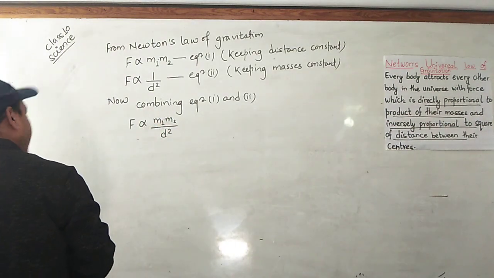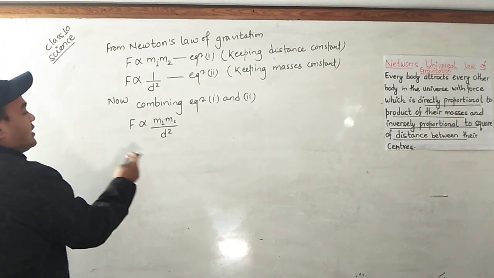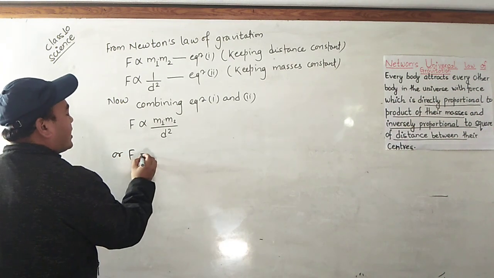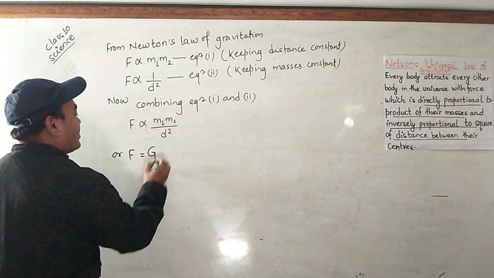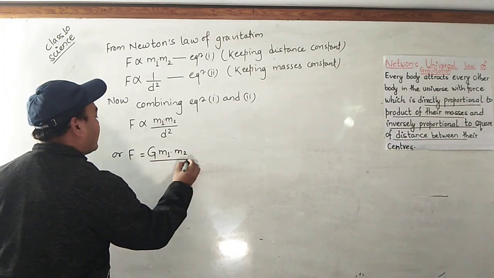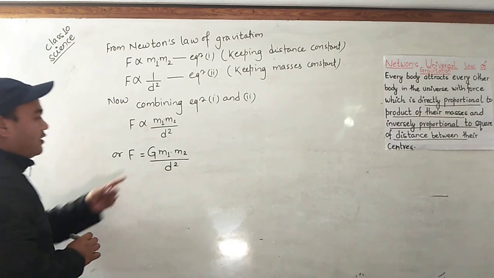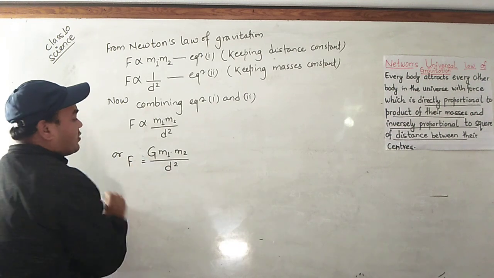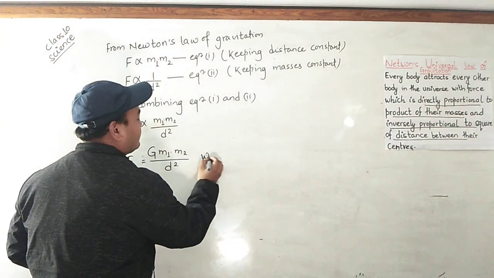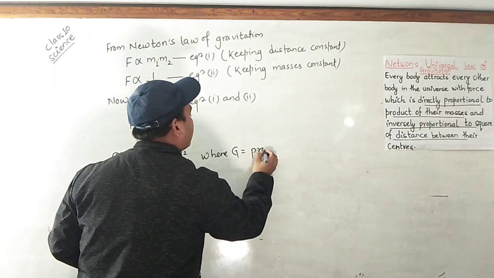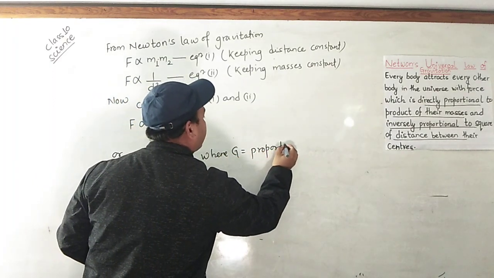So now we replace this proportionality sign with the equation form. For that purpose we introduce the constant, that is F equals capital G m1 m2 divided by d square. So this G we call the proportionality constant.